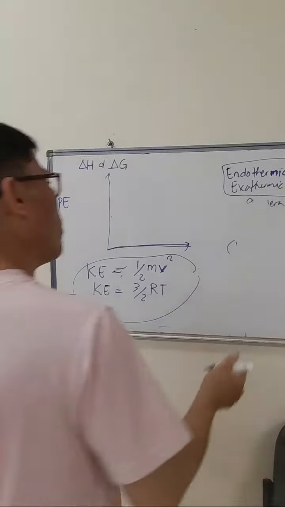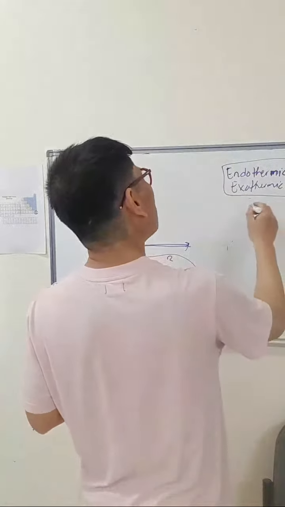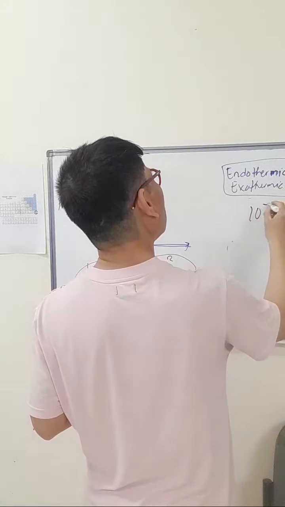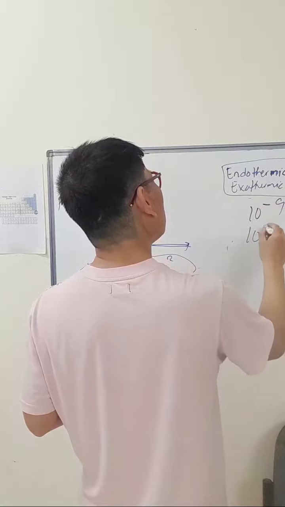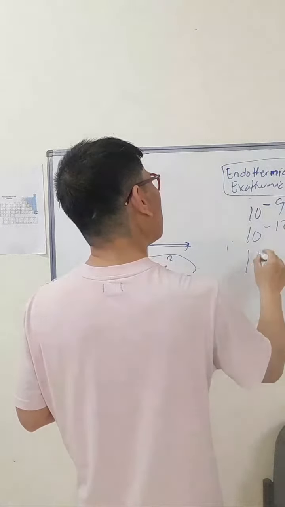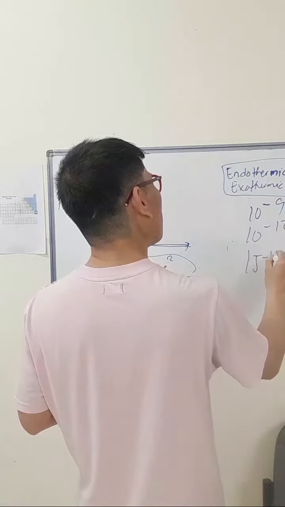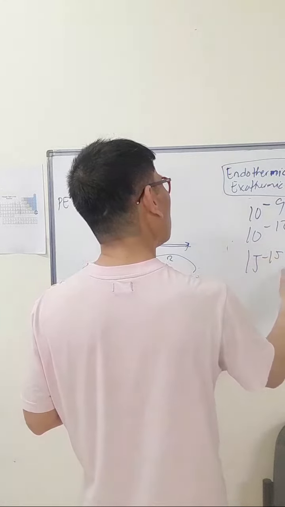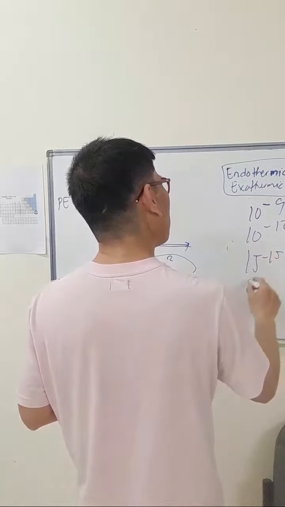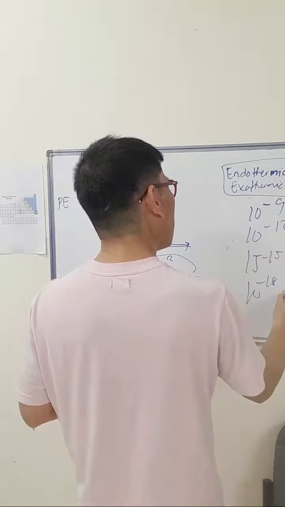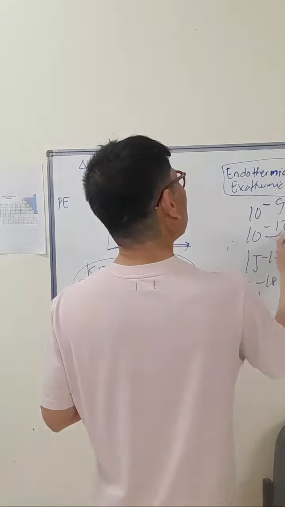Okay? So, gamit din siya guys sa mga prefixes. Okay. Sa negative, 10 to the negative 9, 10 to the negative 12, 10 to the negative 15. Ang 15 ano ito, femto. Ganon. Ang 10 to the negative 18, atto. Ganon. And then, nano.